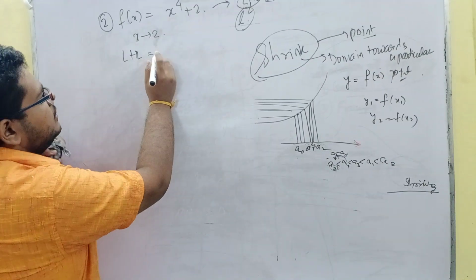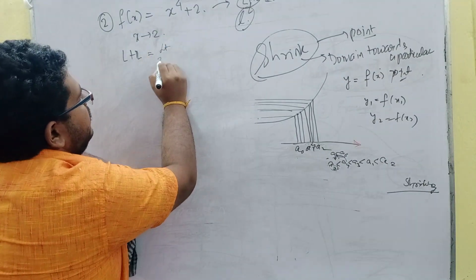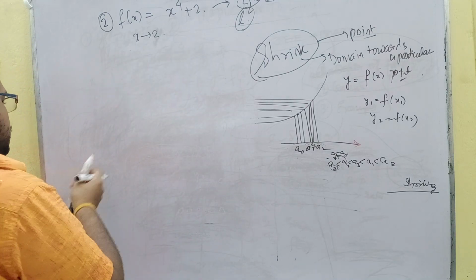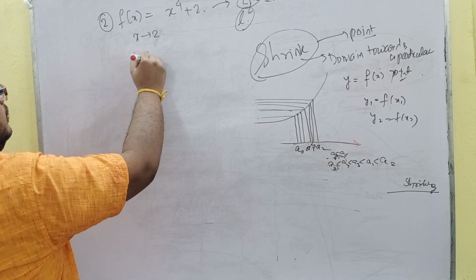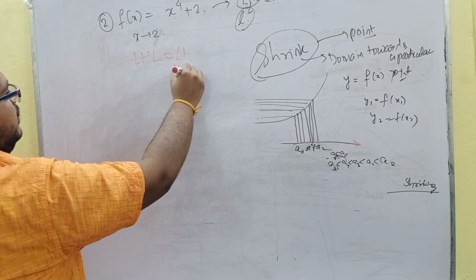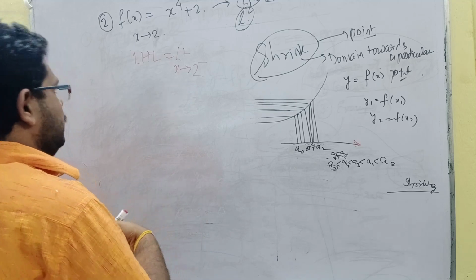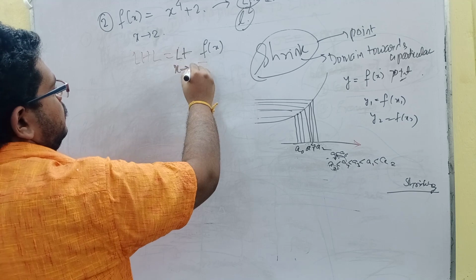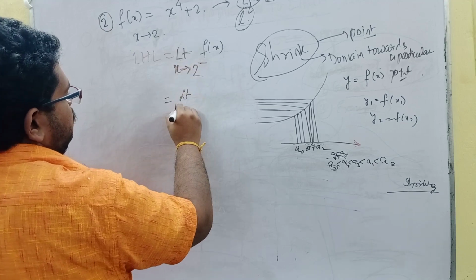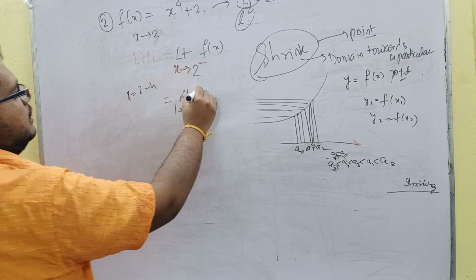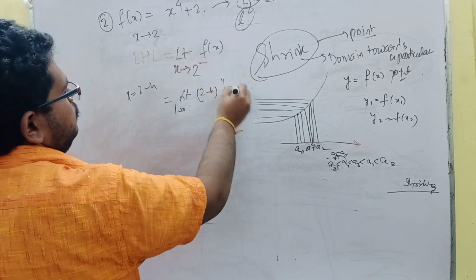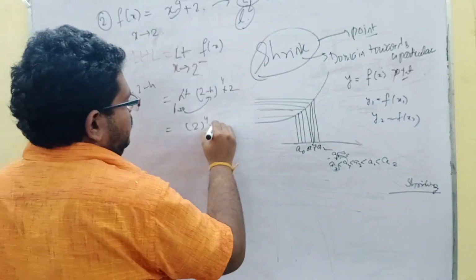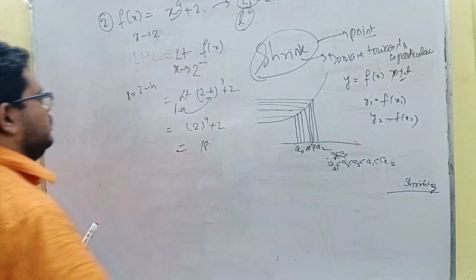So LHL is limit x tends to 2 minus of f(x), that is limit h tends to 0 where x equals 2 minus h, whole to the power 4 plus 2, because in place of x we are putting this. Now put h equals 0, 2 to the power 4 plus 2, which is 18, right?